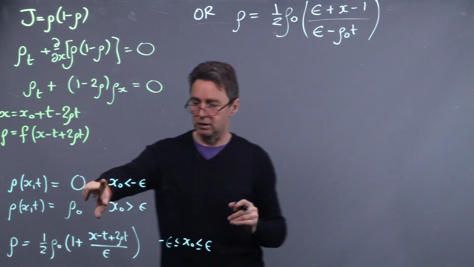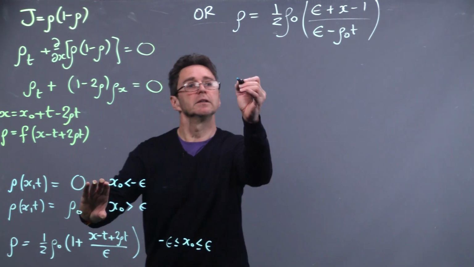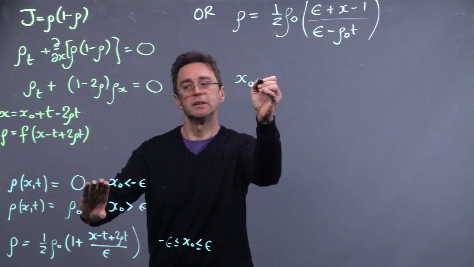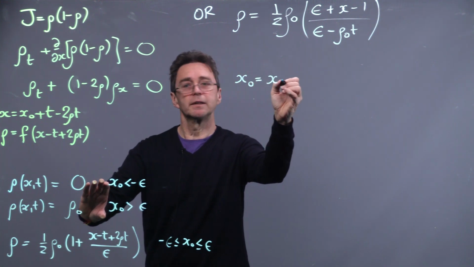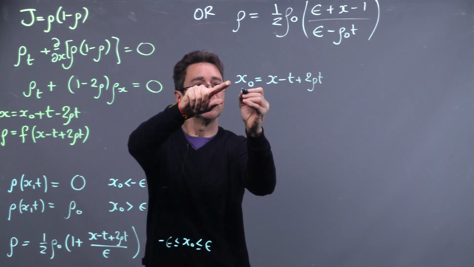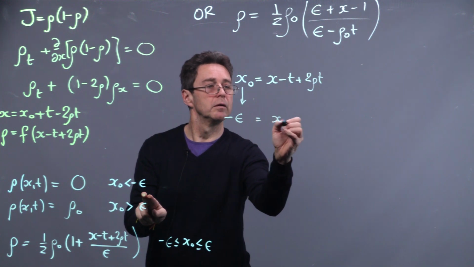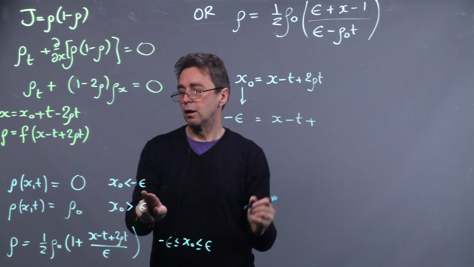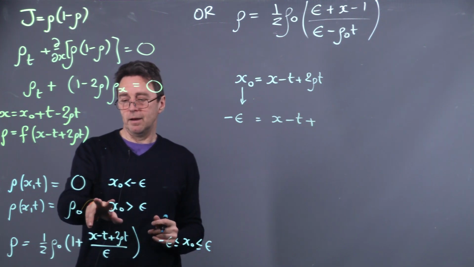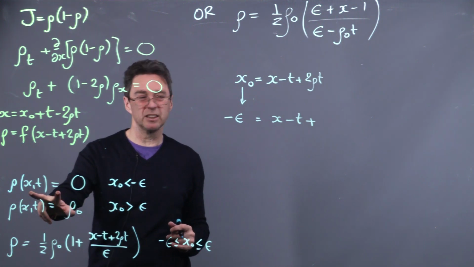The issue obviously is going to be, I need to be a bit more careful about what these limits are. So let's just do that. So we have x0 is equal to x minus t plus 2 rho t. And if I put minus epsilon in there, well, when I have x0 is equal to minus epsilon, that's where rho is 0.